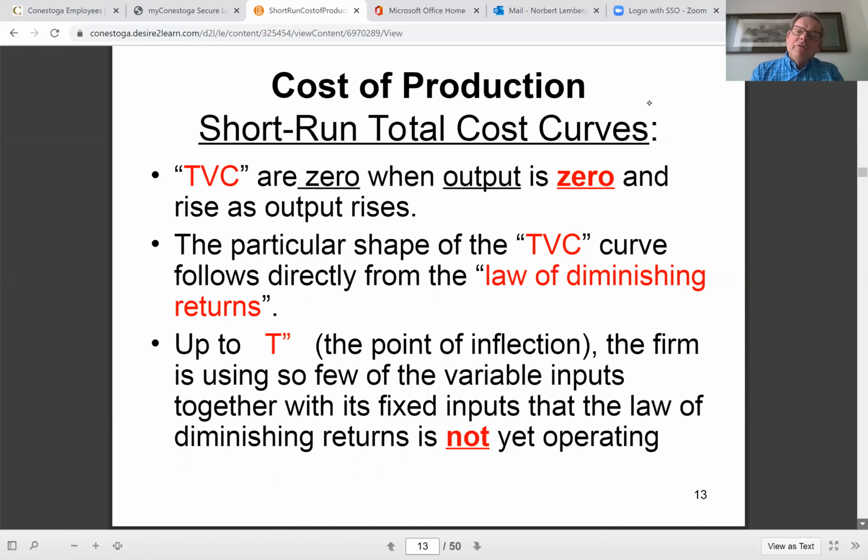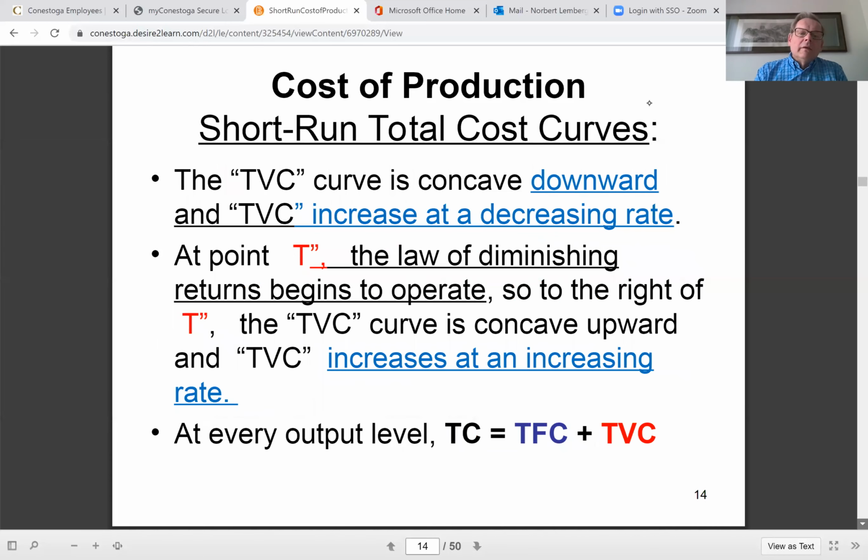So the points to the left of T double prime indicate that the law of diminishing returns has not started to operate. The total variable cost curve is concave downwards up to that point, and the total variable cost curve increases at a decreasing rate. So you see it's flattening out.